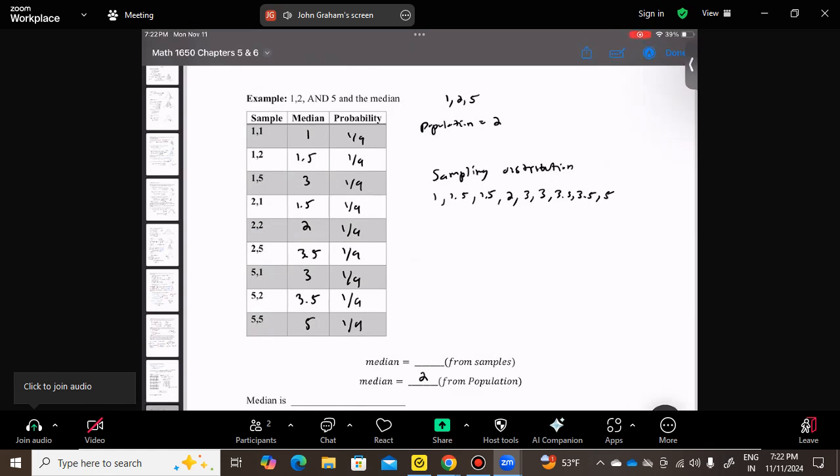And then we take the middle number. So 4 on this side, 4 on this side, your middle number is 3. So your median from the sampling distribution is 3.